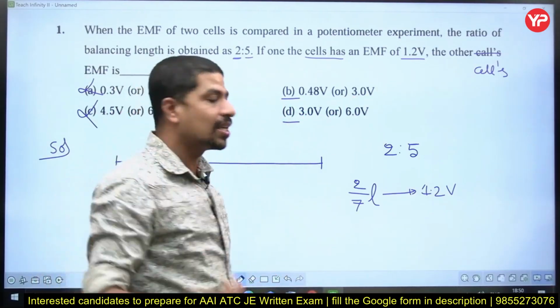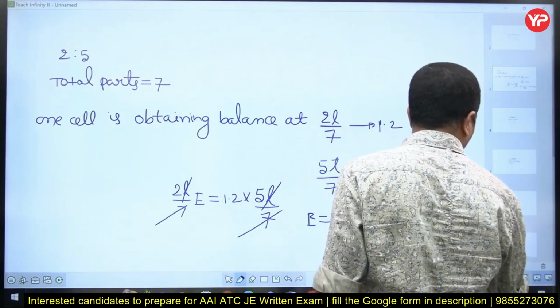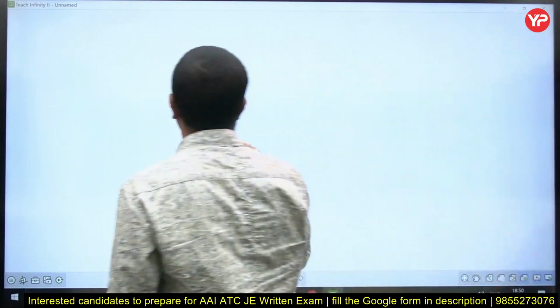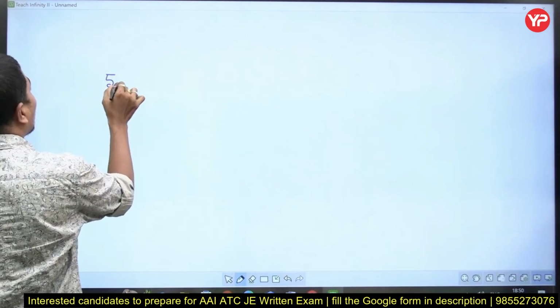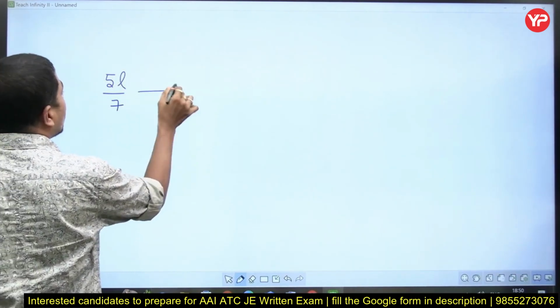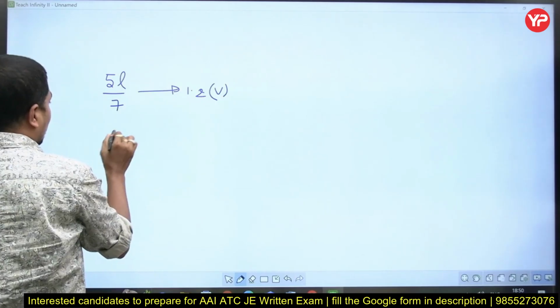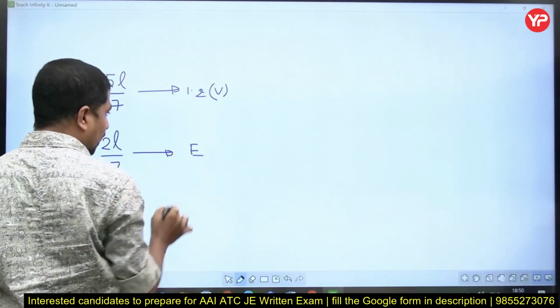Let's find the other cell EMF also. What is the other possibility? Suppose 5L/7 has the voltage 1.2 volts, then at 2L/7 the voltage will be E, which I don't know.